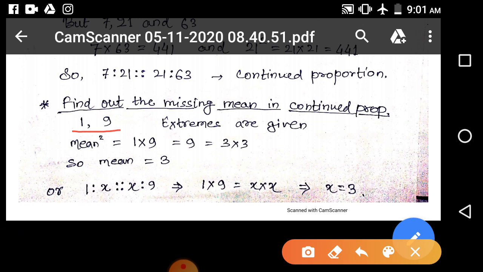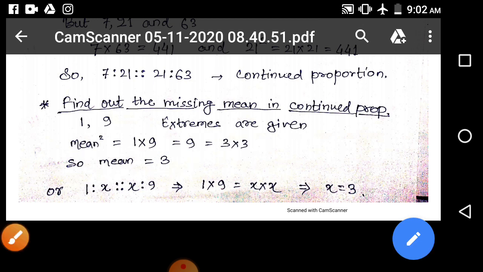You all know that the mean square in continued proportion is equal to the product of extremes. Here extremes are 1 and 9, so the product of extremes is 1 into 9, that is 9, which is 3 into 3. So mean square is equal to 3 into 3, so mean becomes 3. This is the missing mean we have.